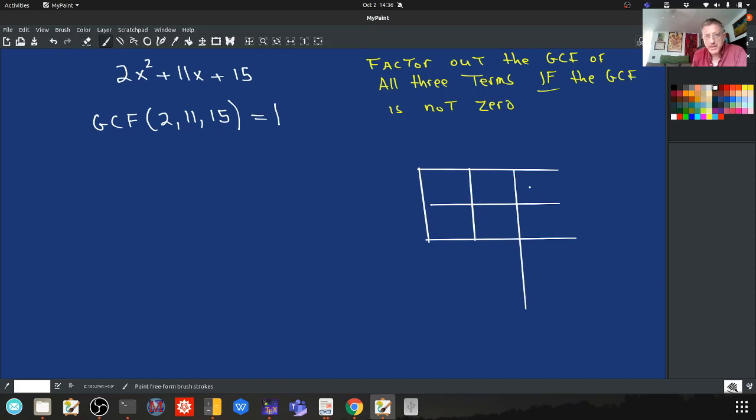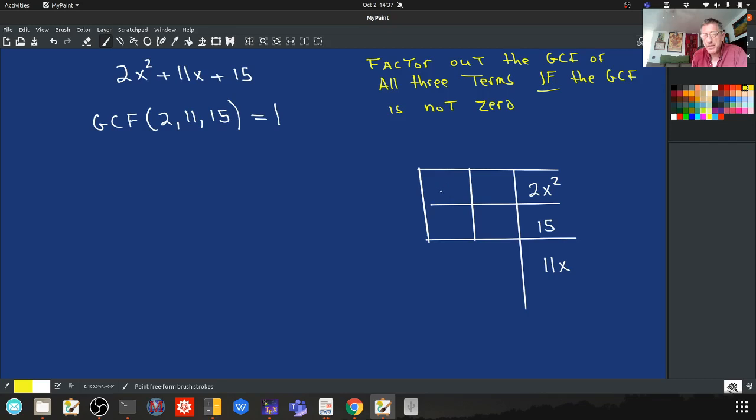So this is going to be now 2x squared, and then that's going to be 15, and that's going to be 11x. So the same order. But now you notice I have two possibilities. Well, we'll just say one possibility in this case because 2 is prime.